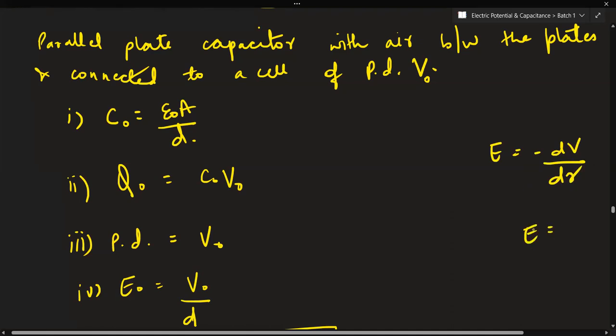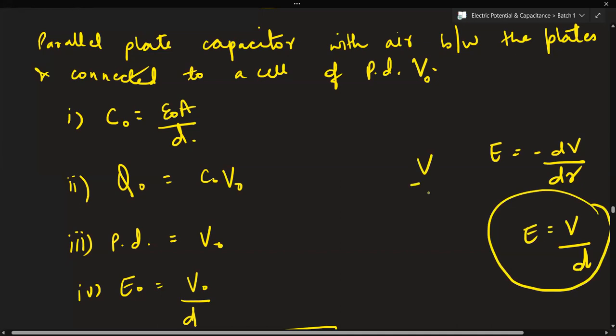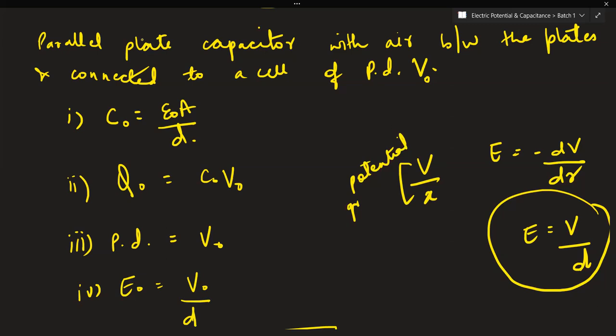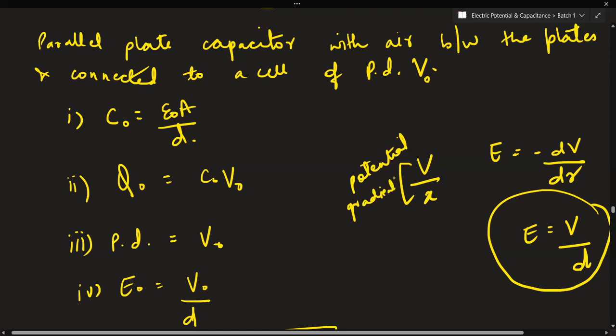The magnitude of electric field is equal to potential divided by distance, and this quantity is known as potential gradient. So these are the 4 things you know.